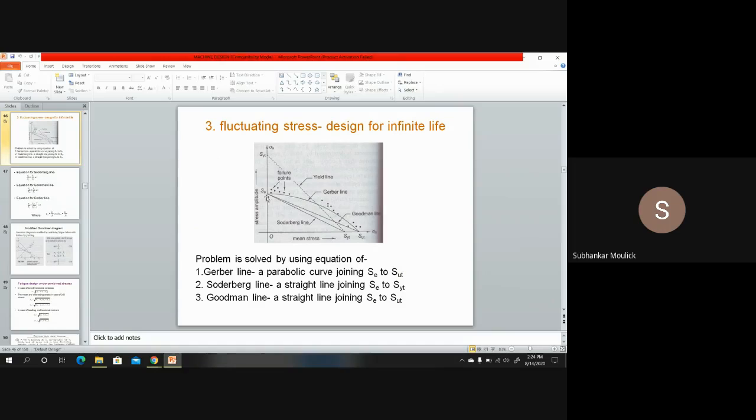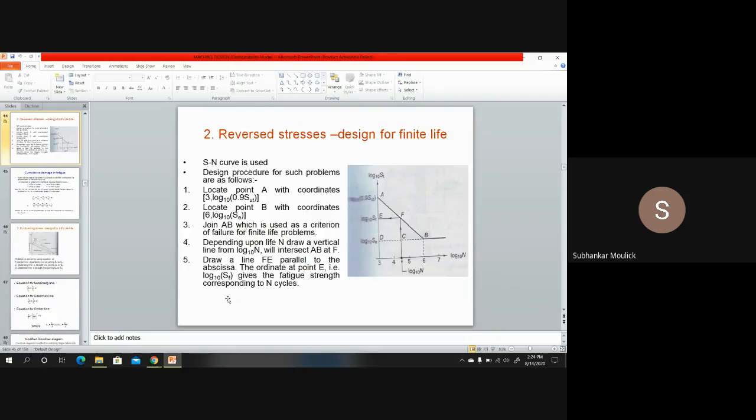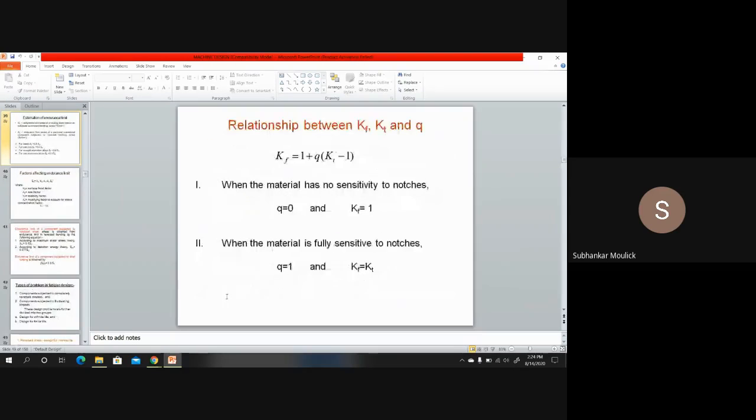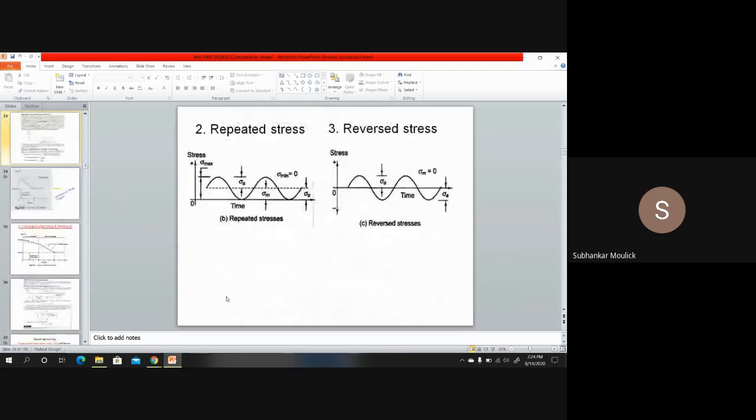But if you talk about only the alternating component, that means a component subjected to only alternating stress, it is very clear from this diagram that the load acting on that component is varying with time.